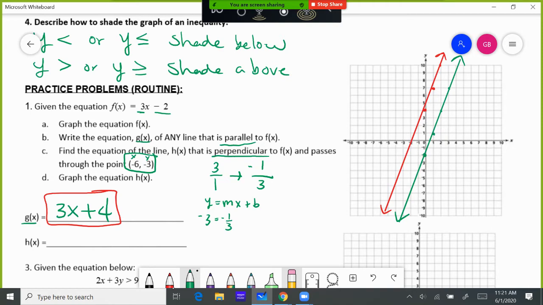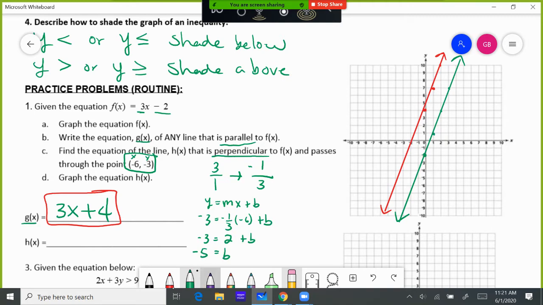The x value is -6. And then plus b. So we're going to simplify. -1/3 times -6 is +2. And if I subtract 2 from both sides, you get -5.